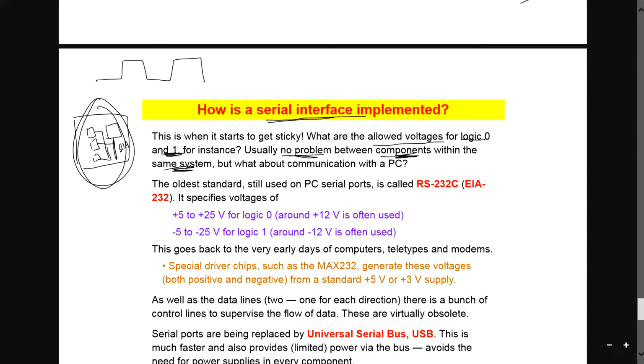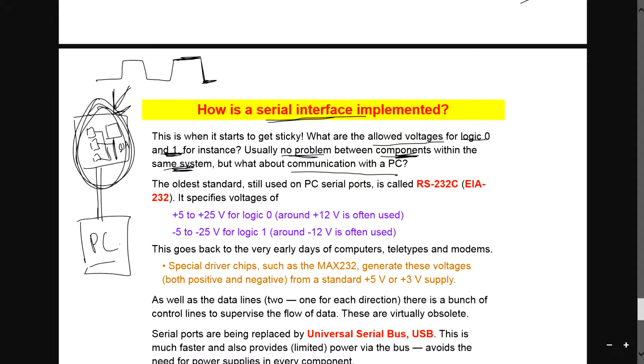However, how can we communicate if we were to connect with a PC? This particular system is going to connect with another PC, and then you're going to have a little problem. So what are the problems? The voltage specified by this system may be a certain voltage for 1 or 0.